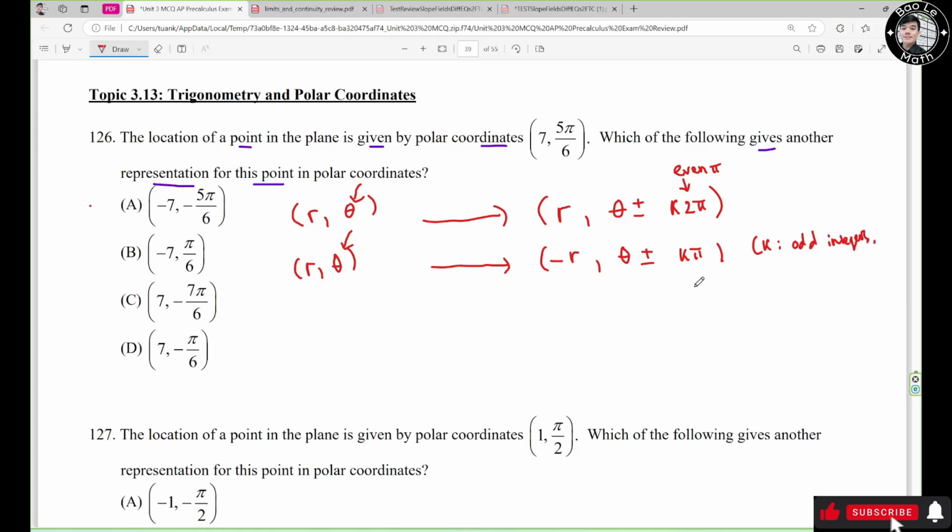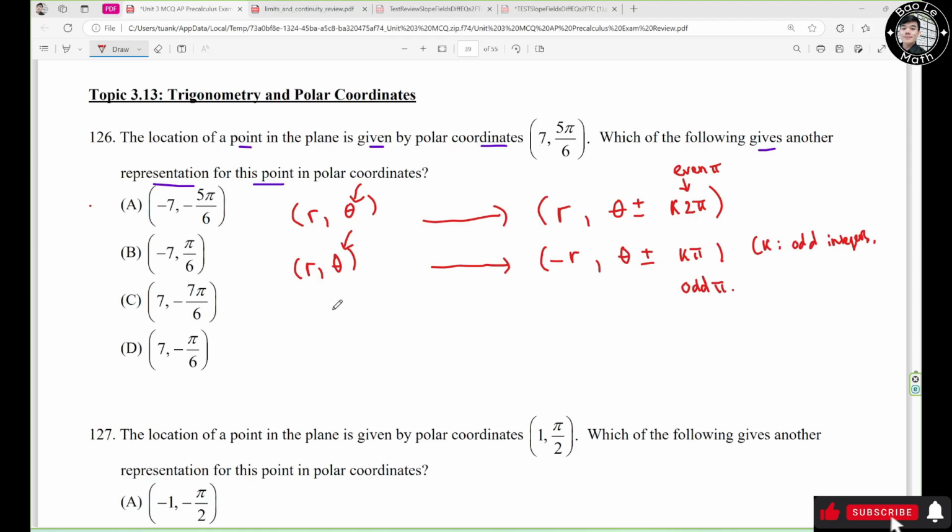Which means you have pi, 3 pi, 5 pi, 7 pi. So to do this problem, I'm going to add or subtract 2 pi, and I'm going to add or subtract pi.